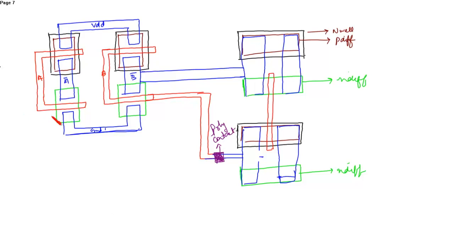Now this A will be connected and A bar is connected to this. A is connected to this.